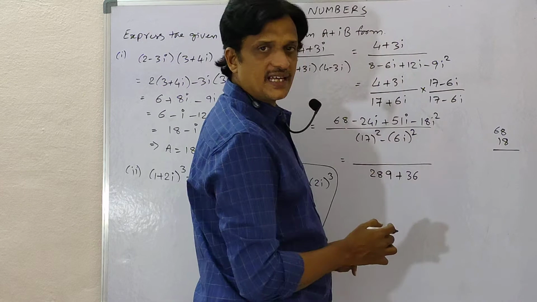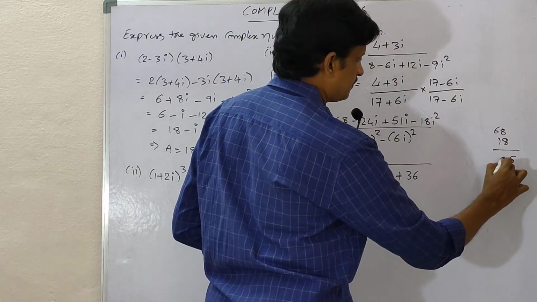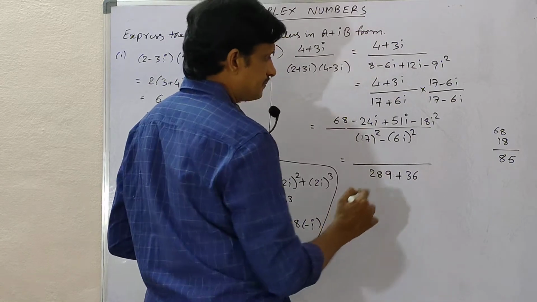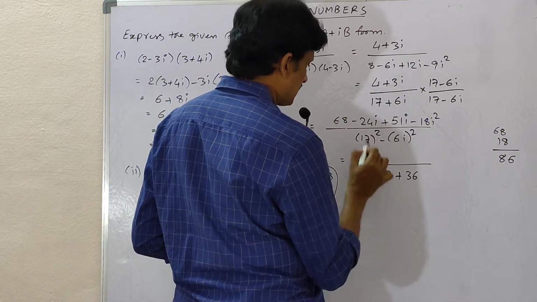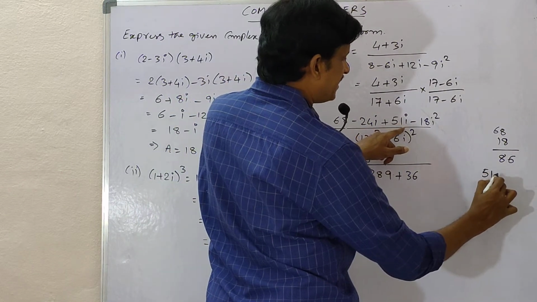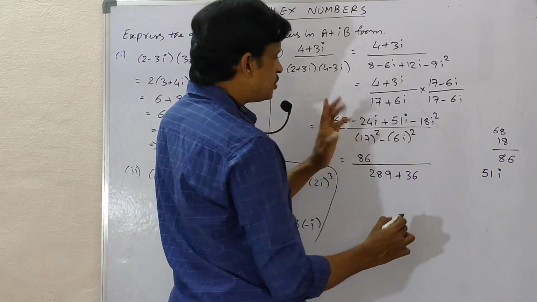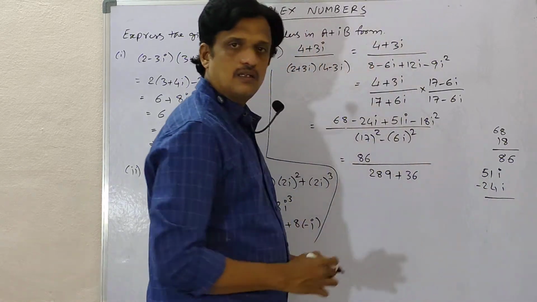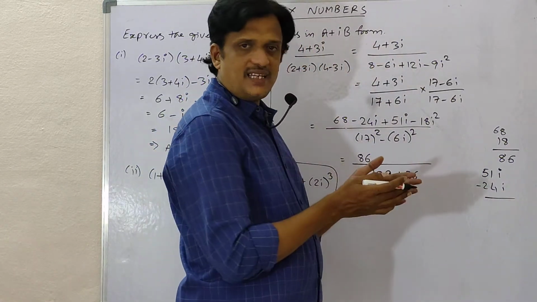So two real parts we are getting. Sum of these two we need to consider. What about the imaginary parts? Here 51i is there and minus 24i is there. So two imaginary parts.